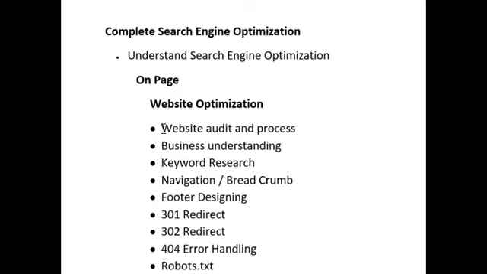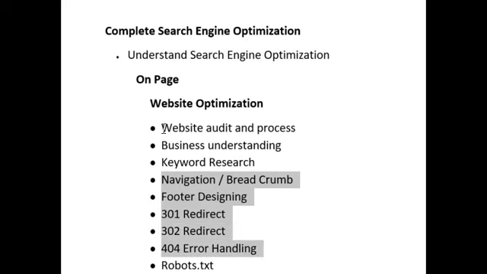Then keyword research, again we have seen multiple websites to do keyword research, and from those tools we have tried to identify the potential keywords, right? Now the next step is to understand the navigation, breadcrumb, footer design. So we will be covering these 5 topics in this video.